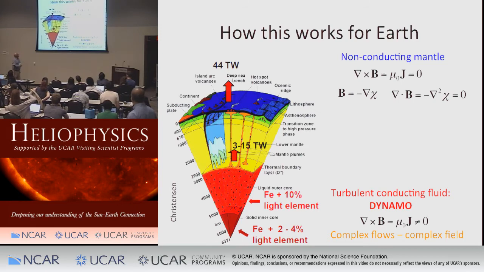Down here, though, is the core that's liquid. We have a core that is iron and about 10% of lighter elements, and we have a solid core that has solidified out of this, which is iron plus some smaller number of lighter elements. And this is the driving for the turbulence.